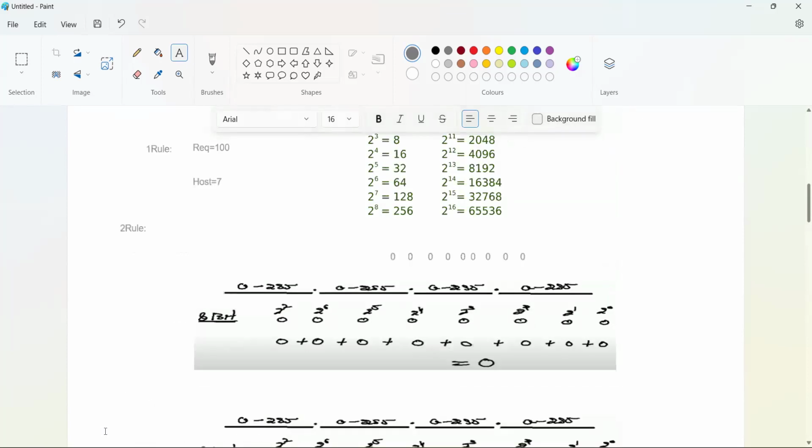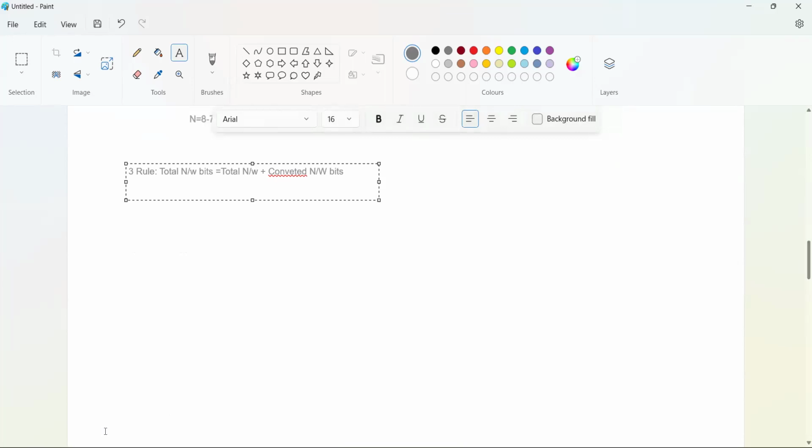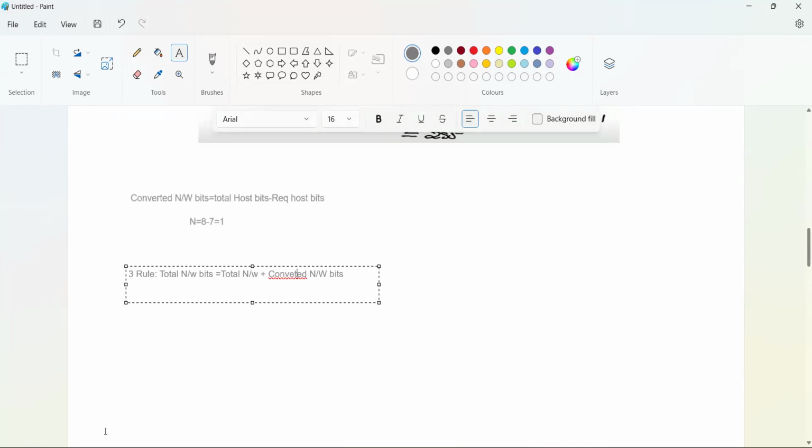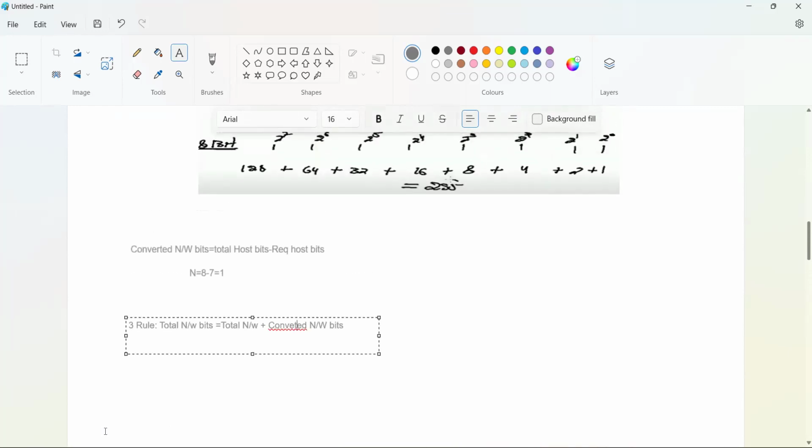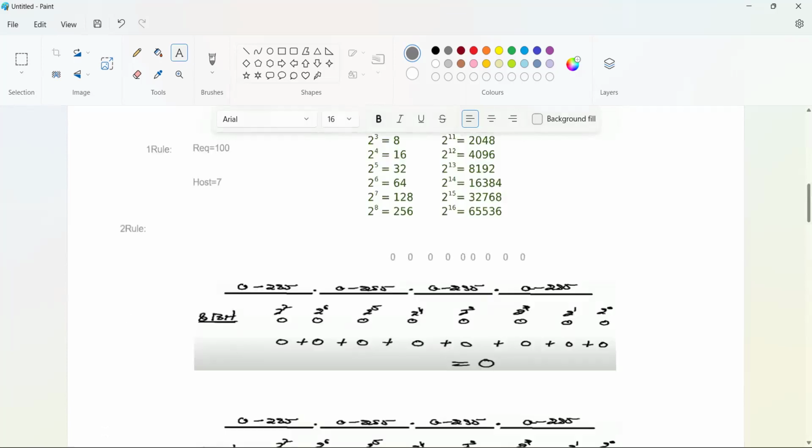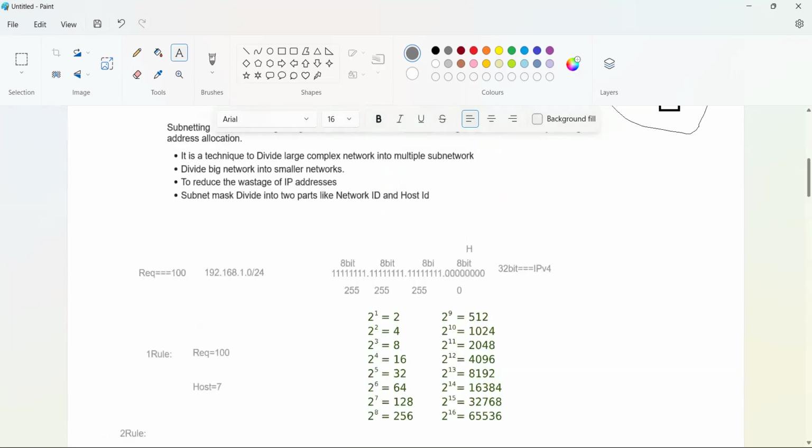Here 24 plus 1. 24 is my total networks, since here it is class C, right?